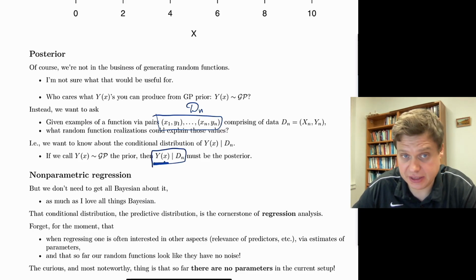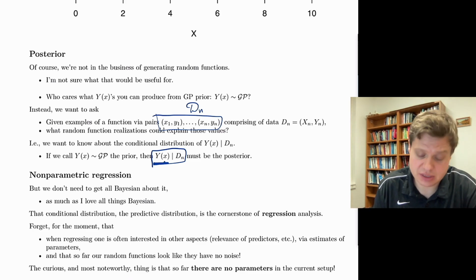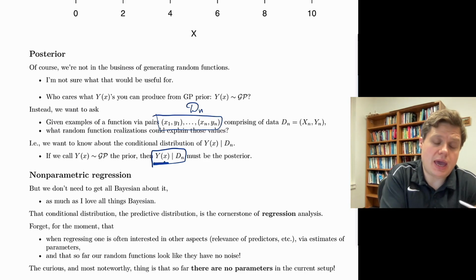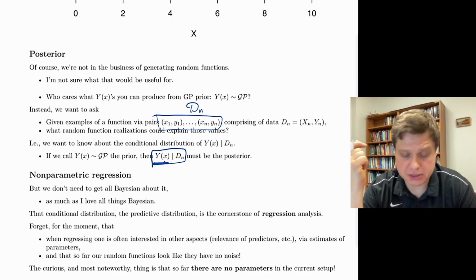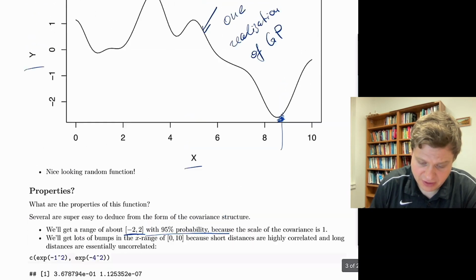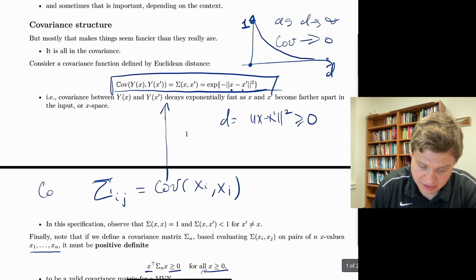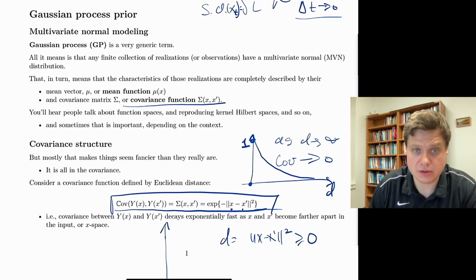So I have a training data set, I get a new observation x, I want to predict y for this new value. Typical prediction problem. And sometimes you will hear this word non-parametric model or non-parametric regression. And if you look at the Gaussian process, the only thing that defines the Gaussian process, at least in this simplest case, is the covariance function. So covariance function is the only thing that we need to define the Gaussian process.